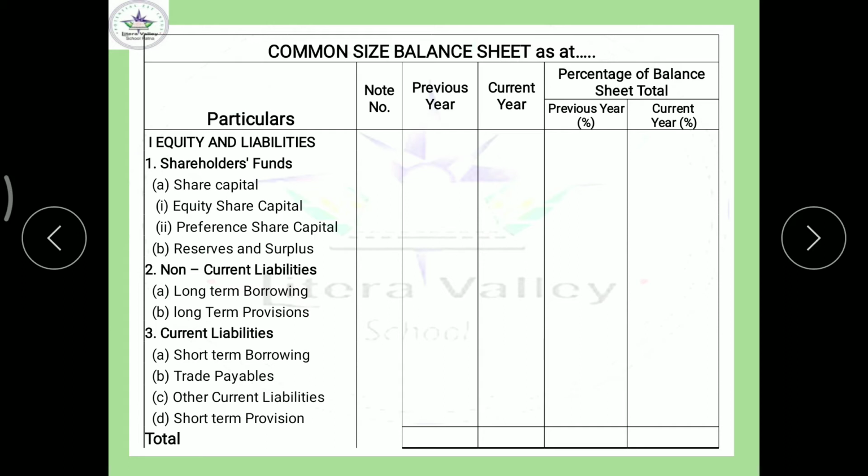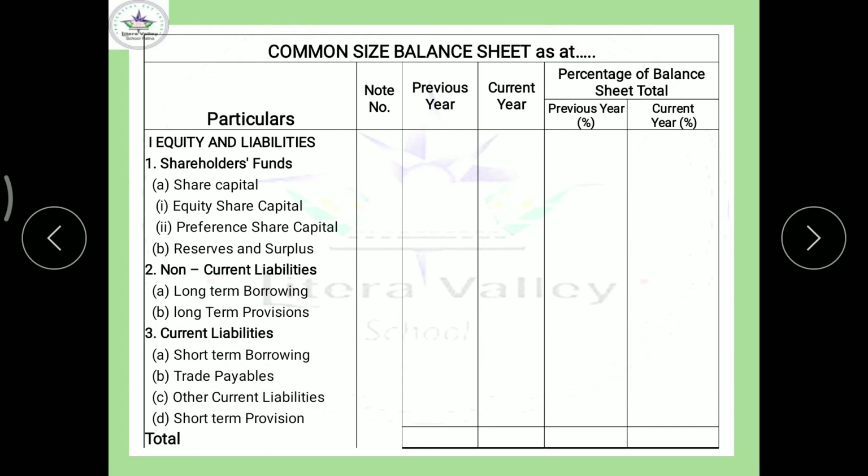I told you earlier that it is called vertical analysis. Why vertical? Because you don't have to compare the item with a different year. You can see only the liability side is given there.